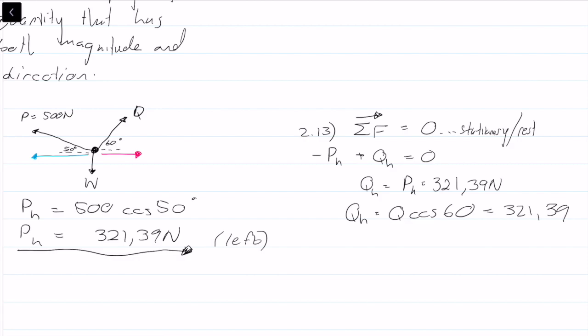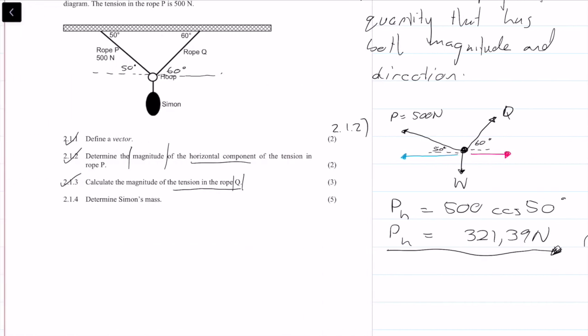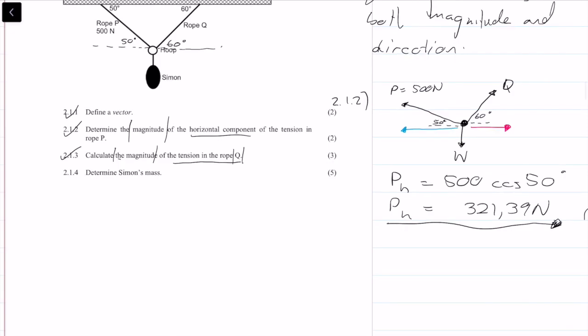The only unknown here is Q. So the magnitude of Q, if we plug this into our calculator, is 642.79 newtons. That would be the final answer. If you wanted a direction, it would be in whatever direction that is. So we get 3 marks for that, and we only get marks for magnitude. Cool stuff.